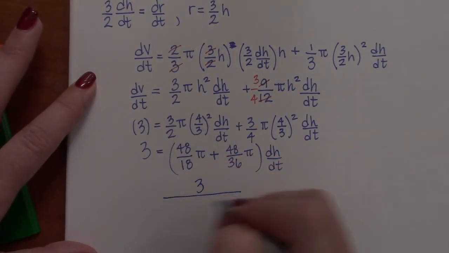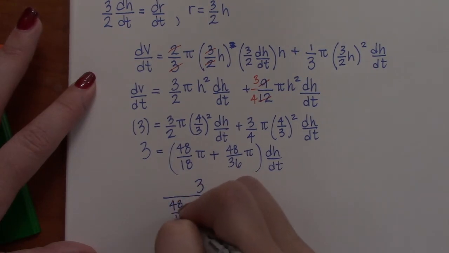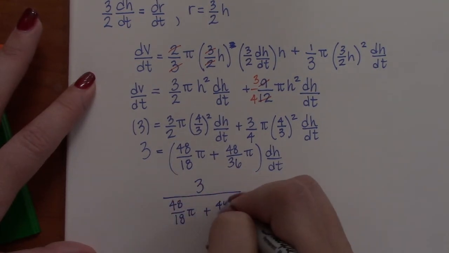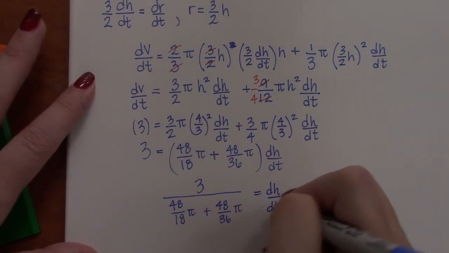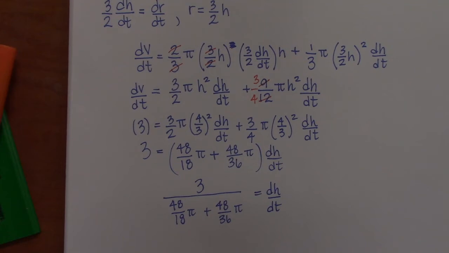So 3 divided by all of this is dh dt. And you could have consolidated that even further if you wanted to get a common denominator.